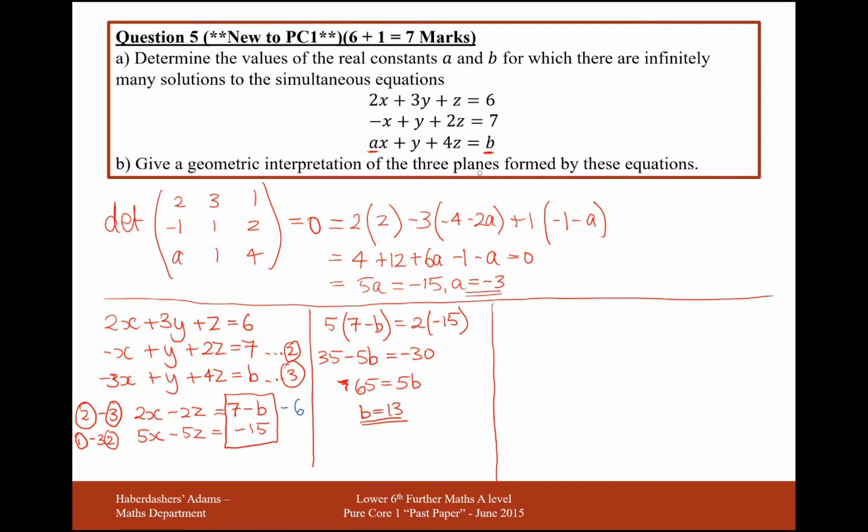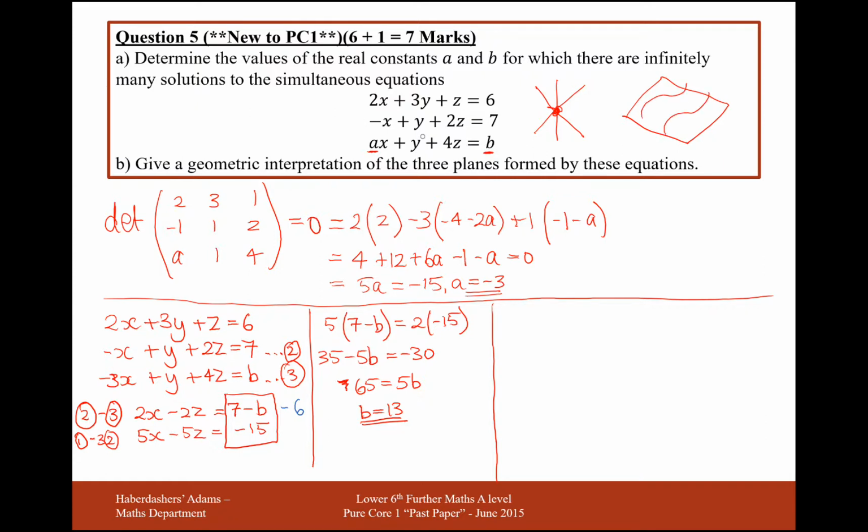Give a geometric interpretation of the three planes formed by the equations. Well, if we have infinitely many solutions, we have two options. One where it forms a sheaf and it intersects along a line in 3 dimensions, or all three planes overlap in some way.